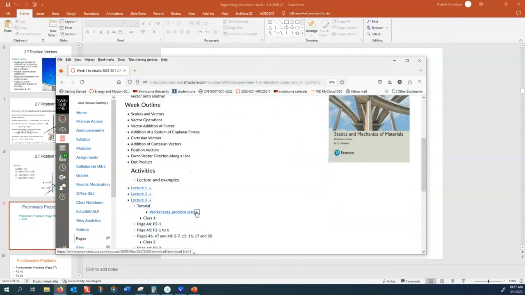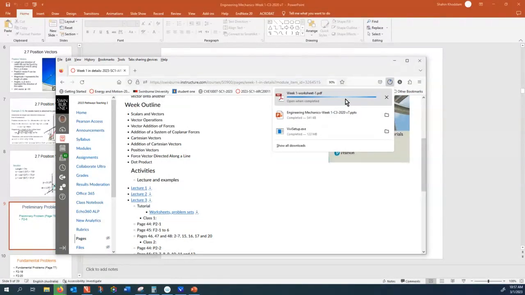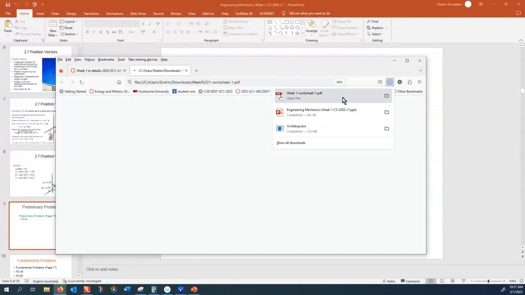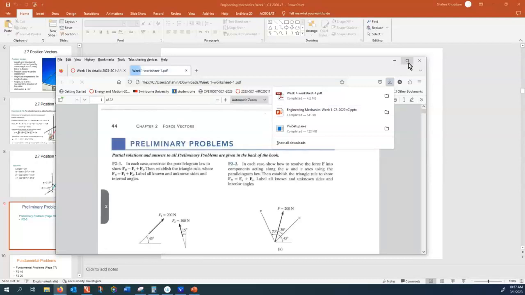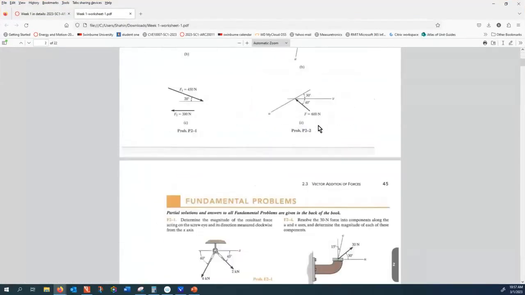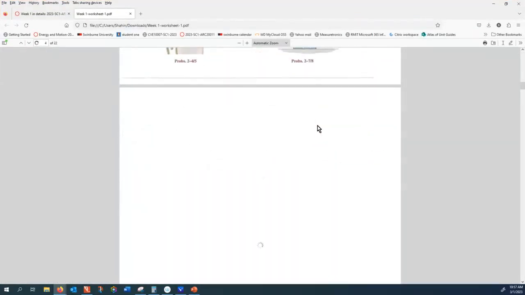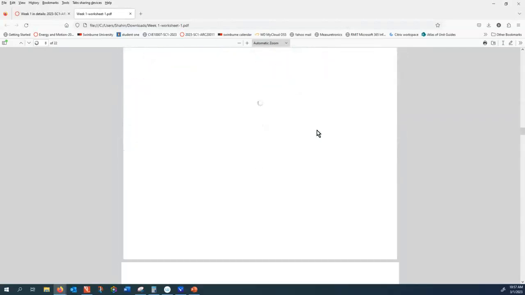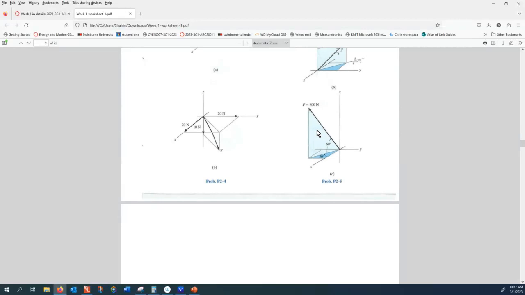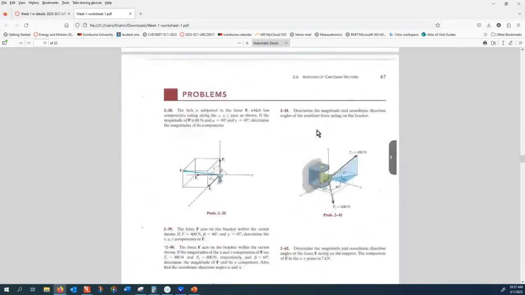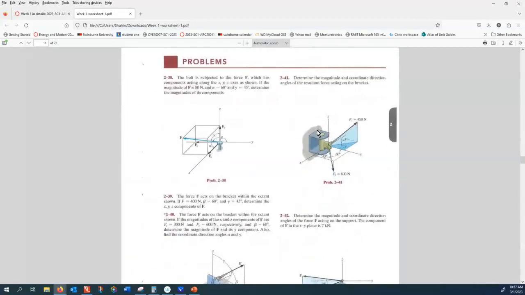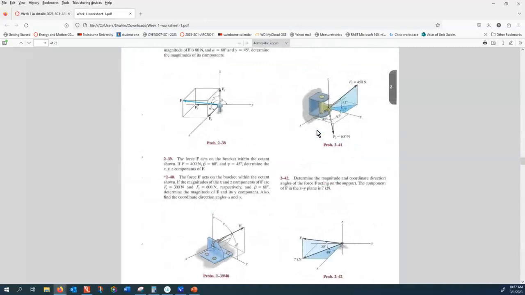So that is your worksheet. Page 76. Yeah.